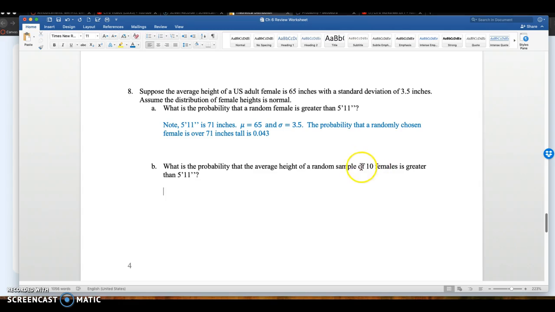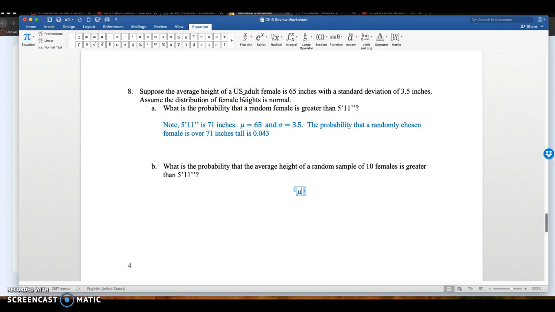But now we need to get a sample of 10 people. So essentially at least half of these, the sample of females has to be over 5'11", which is a lot less likely. Or they all have to be around 5'11", and 10 of them times 4%, it's going to be a pretty small number.